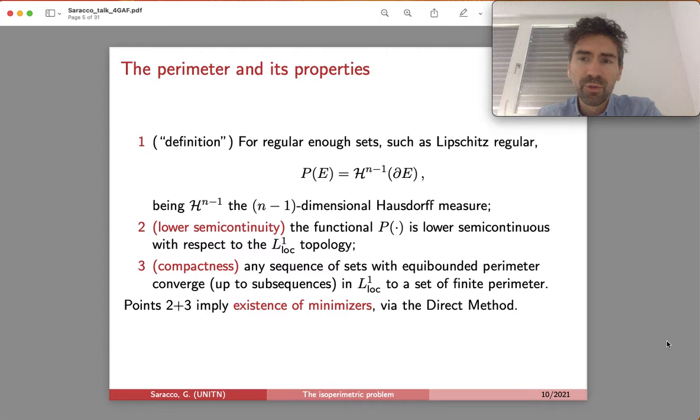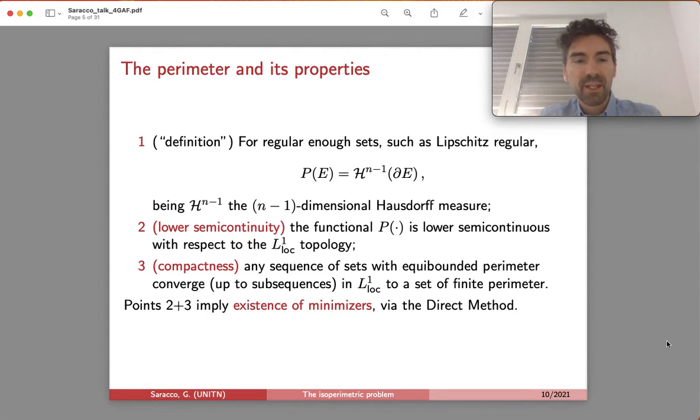As I told you, you can think of this perimeter as the lower semi-continuous relaxation, and thus this perimeter is lower semi-continuous with respect to, say, the L1 topology. And by L1 I mean the convergence of the characteristic functions of the sets.